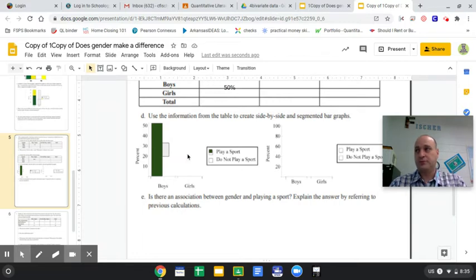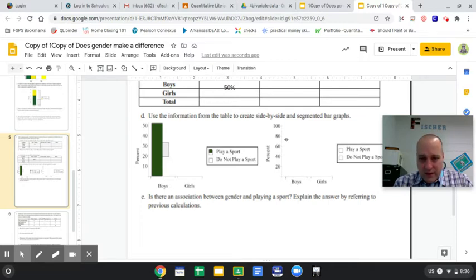Okay. Now, on the other side, we do the same thing to where it's the numbers that play a sport and do not play a sport again, only now we make it a side-by-side one to where it goes straight to 100, but you really got 2 of them stacked on top of each other. So now we're looking at this side right here, these 2 right here, okay? So there were so many that did play, boys that played.